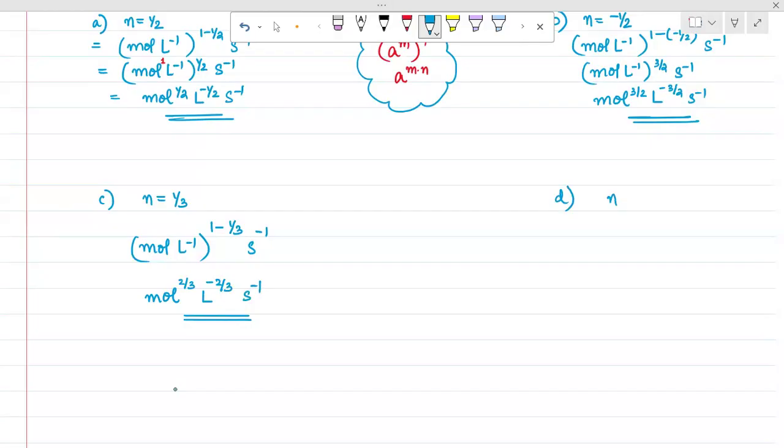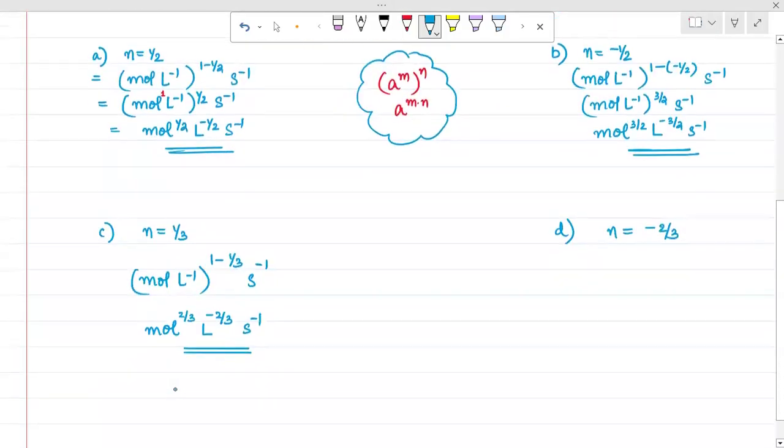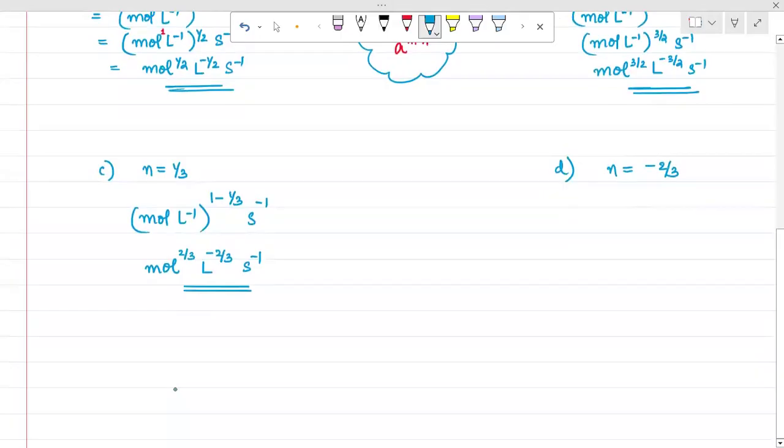D. The value of n was minus 2 by 3, right? Yes, minus 2 by 3. Let's give it a try. It's moles per liter to the power 1 minus 2 by 3 per second. And what is 1 minus 2 by 3?